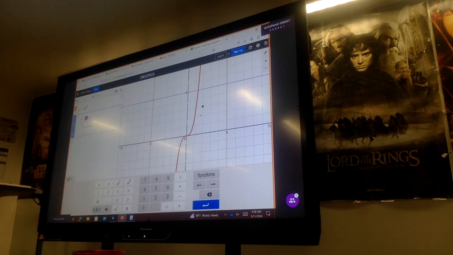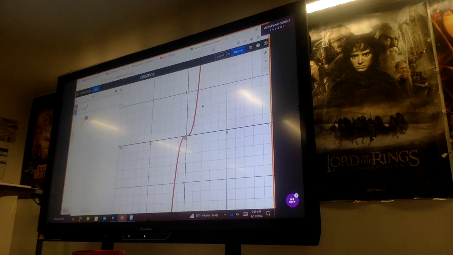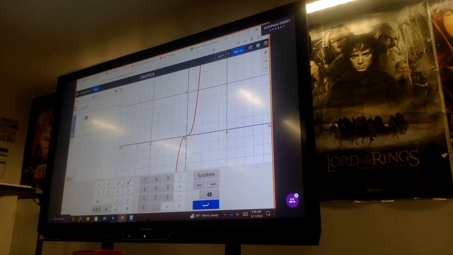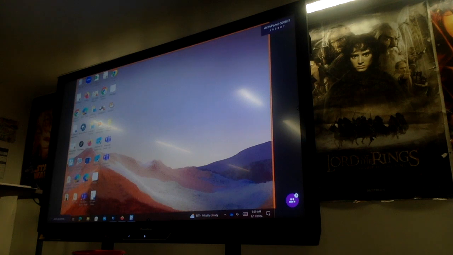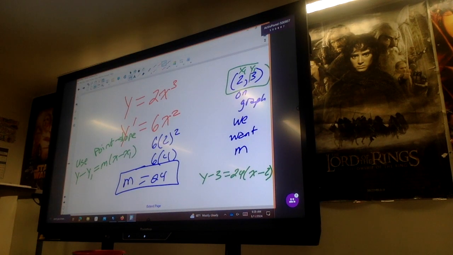And it works better when I find a point exactly on there. Let's not do 2, 3. Let's go 2, 8, 2, 16. I'm going to change this 3 to 16. That means that this has to be y minus 16.